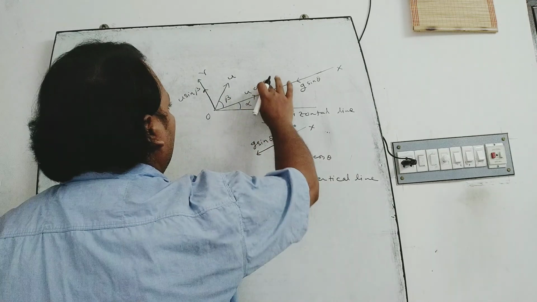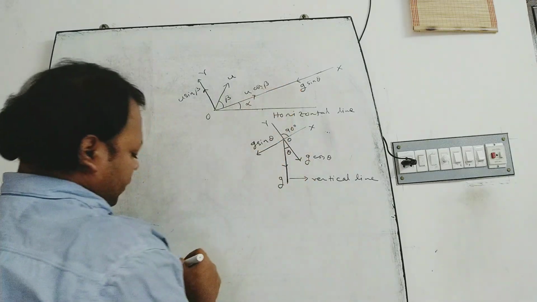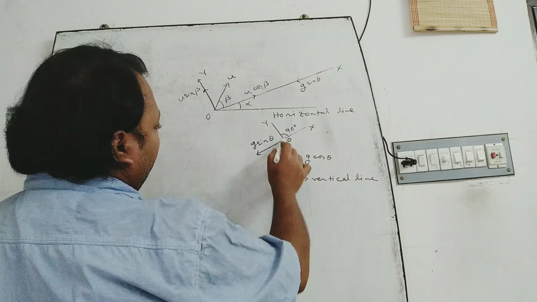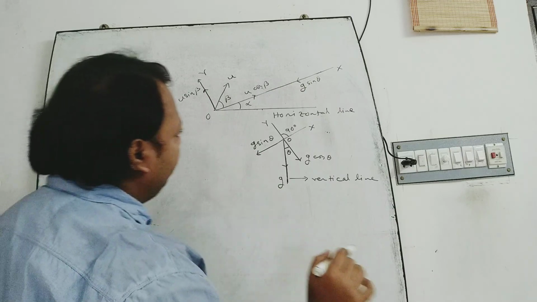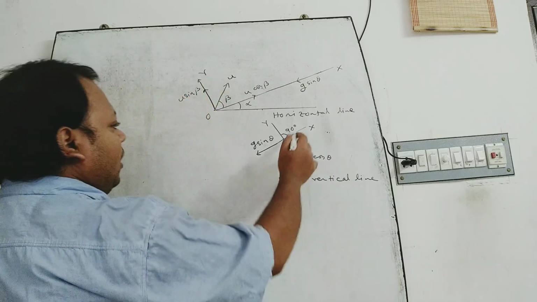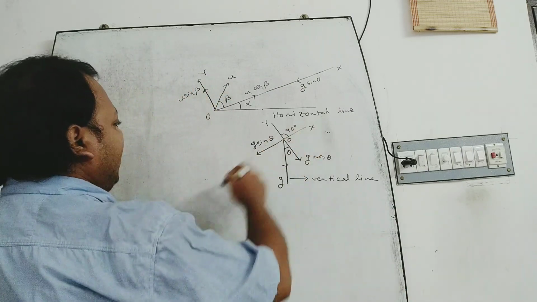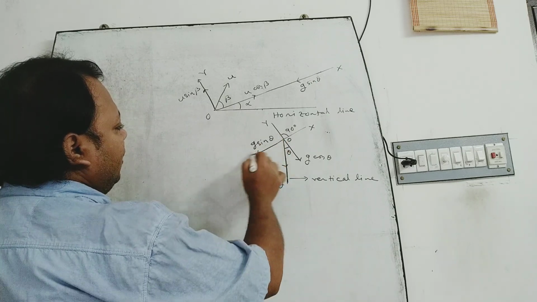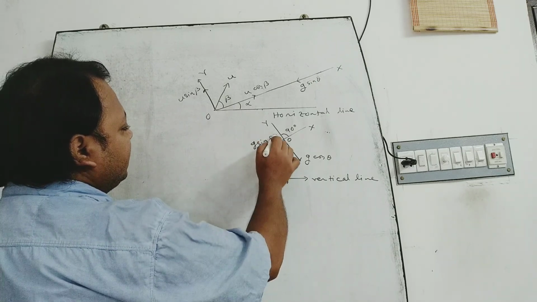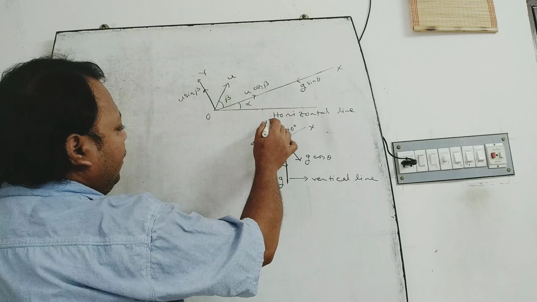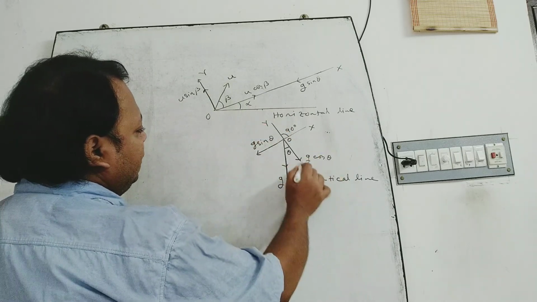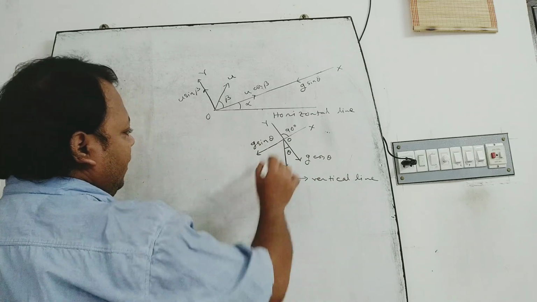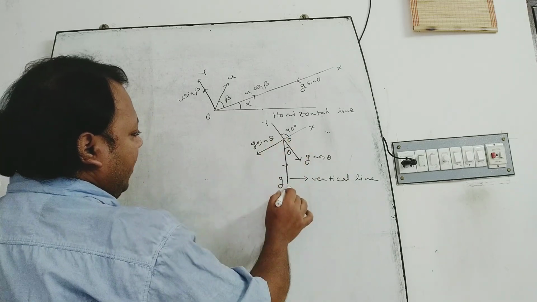Now we can divide the acceleration due to gravity, that is small g, into two mutually perpendicular components. Along negative OX axis, the component of small g is g sin theta, and along negative OY axis, the component of small g is g cos theta. Here g acts along the vertical line.